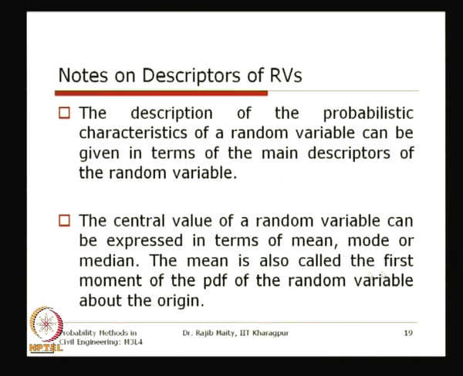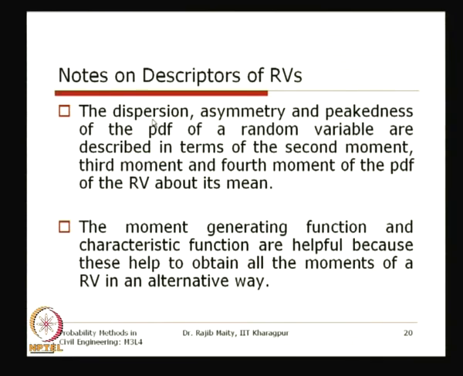The mean is also called the first moment of the PDF of the random variable about the origin, that we saw when discussing the representation by analogy with the moment of the area of the PDF. Then the dispersion, asymmetry, and peakedness of the PDF of a random variable are described in terms of the second, third and fourth moments of the PDF about its mean.